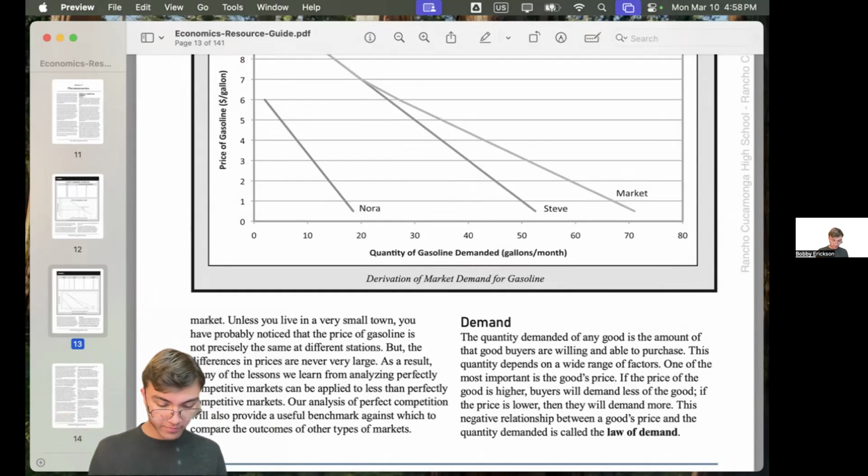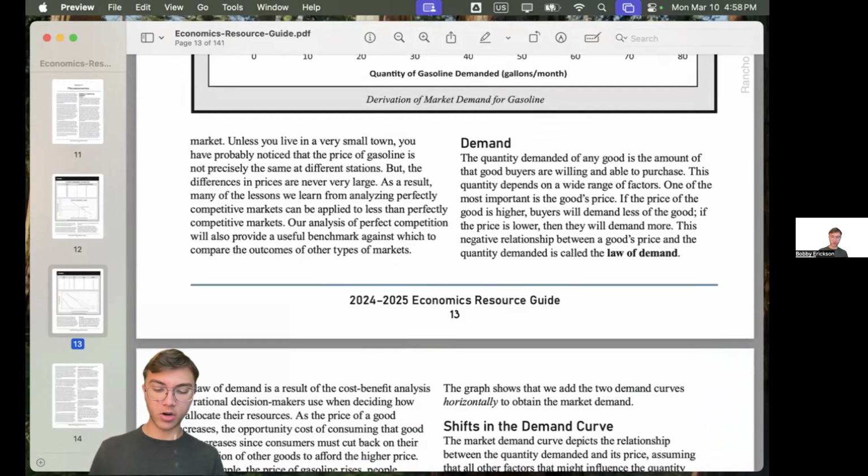Thus, we can apply the principles of perfectly competitive markets even though it is not a perfectly competitive market itself. And we can also use it as a benchmark to compare the outcomes of other types of markets.